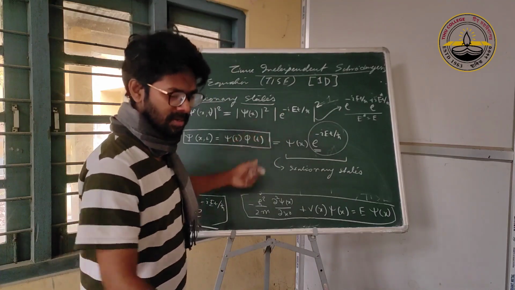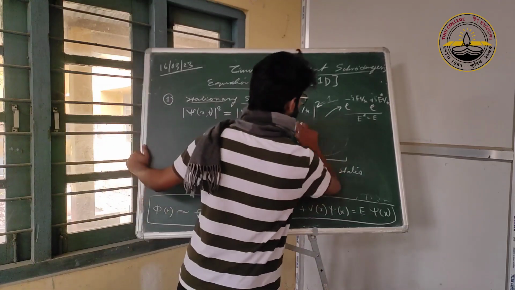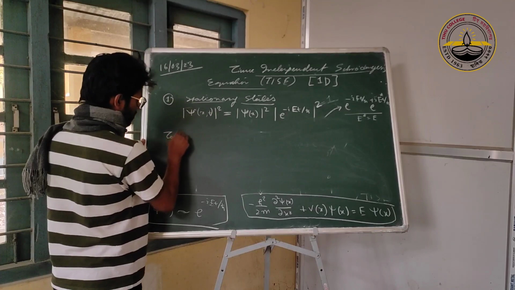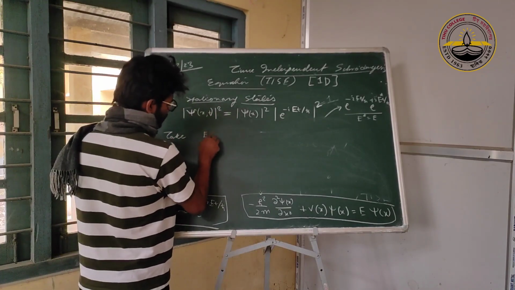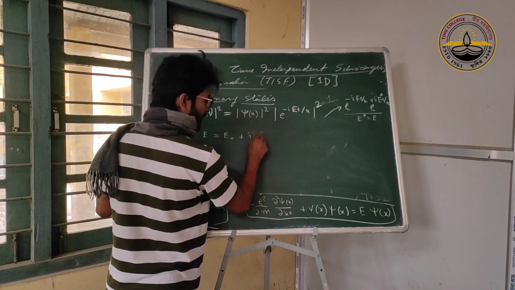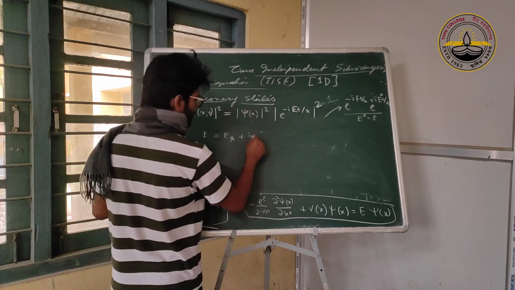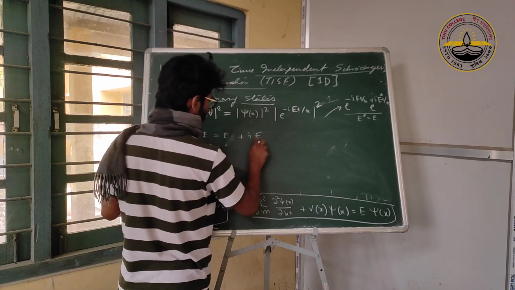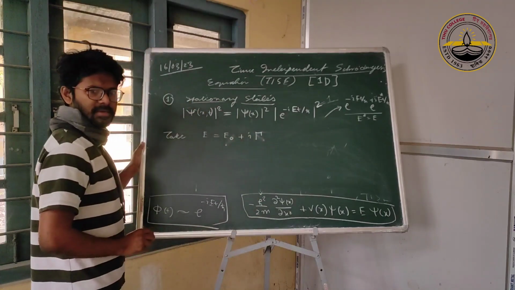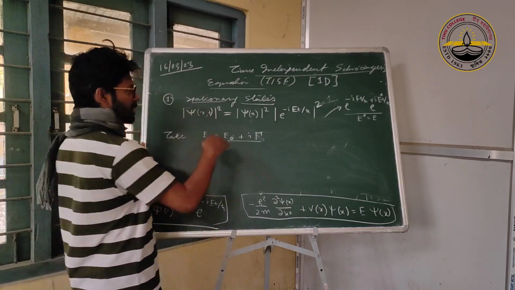Now, this is a proof that I will give you. Take E equal to some real part E naught plus i gamma, let's say. Take this and then put it in your form.